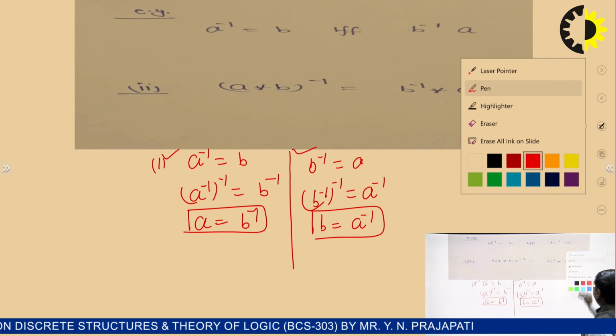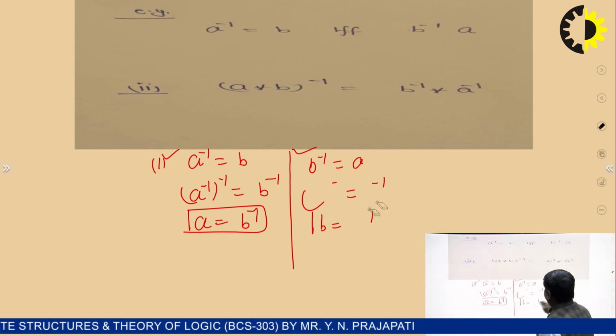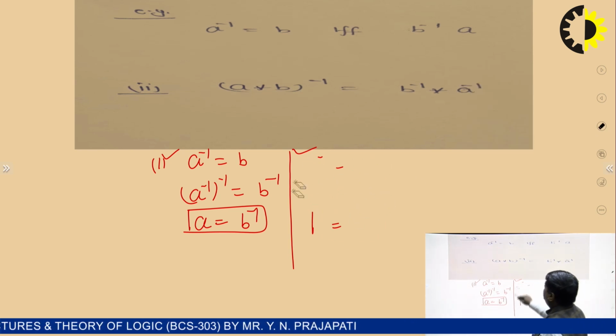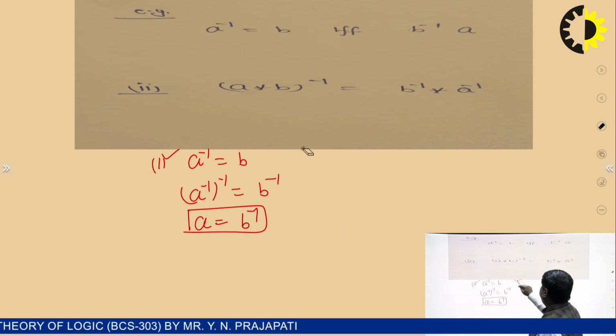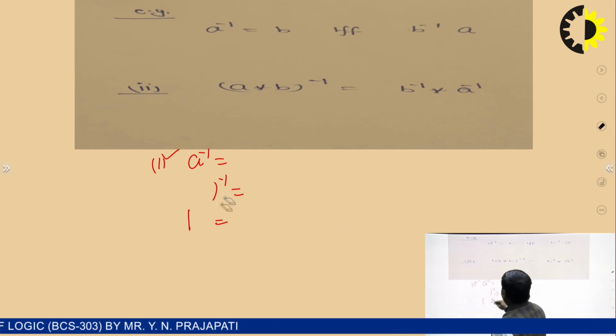We move to another property of the group, that is A operation B inverse is equal to B inverse and A inverse.